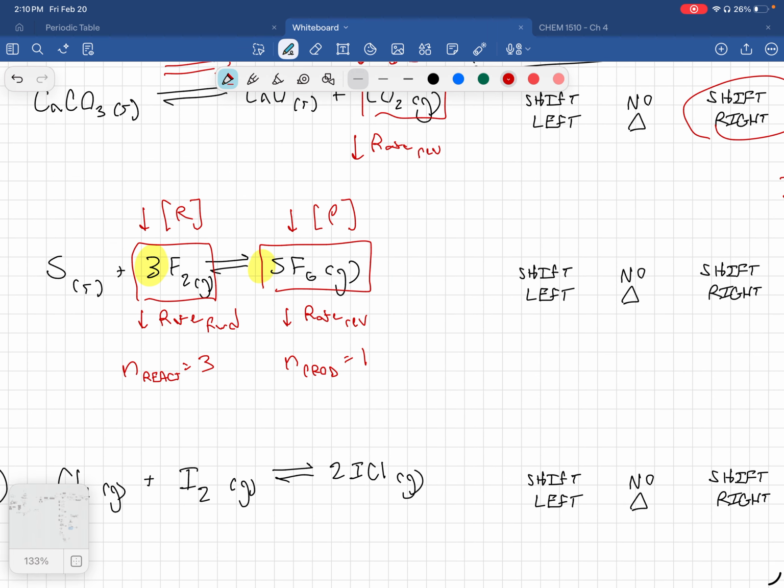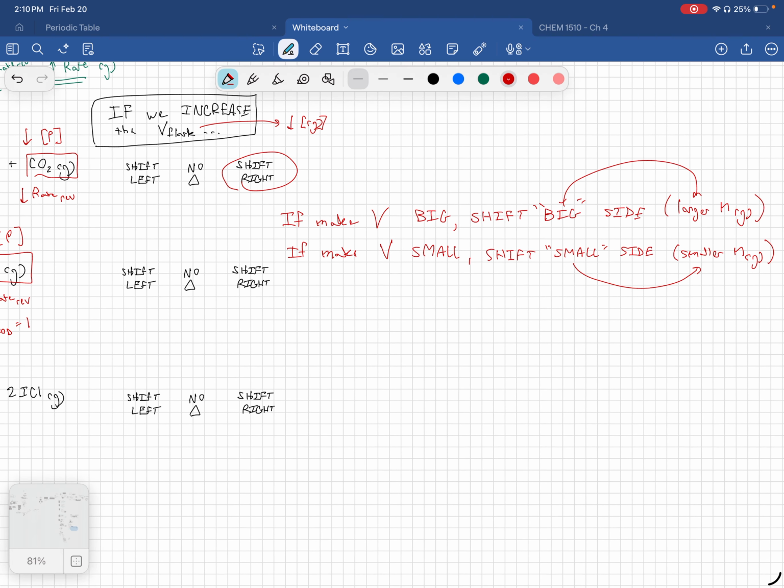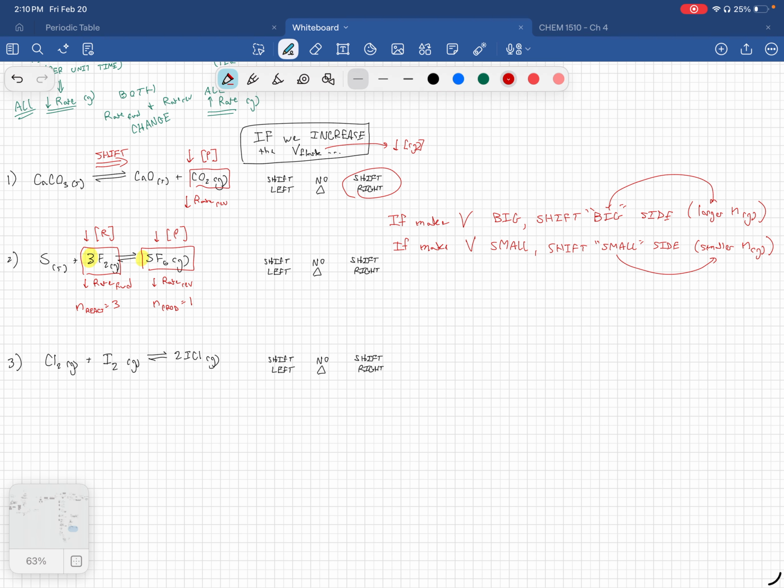So let's apply this over here. And it has to do with both of the rates. By making the volume bigger, both the forward and the reverse rate are becoming slower, but they're becoming slower to different degrees. It's complicated, but using my caveman speak, since we are increasing, so make V bigger, so shift big side.